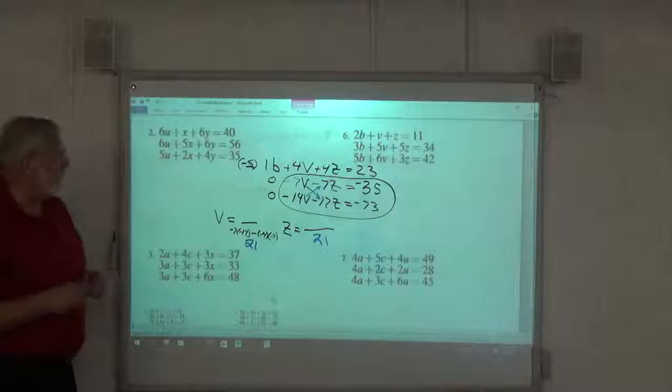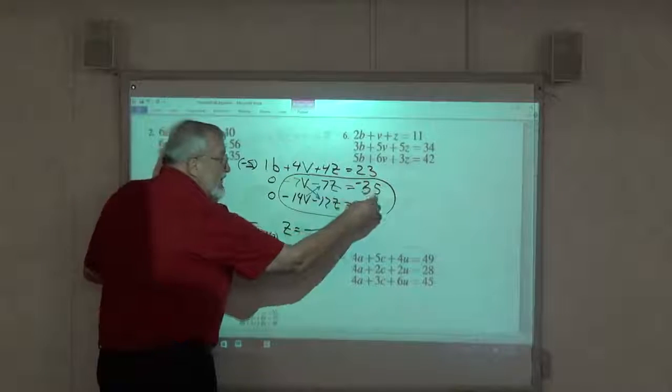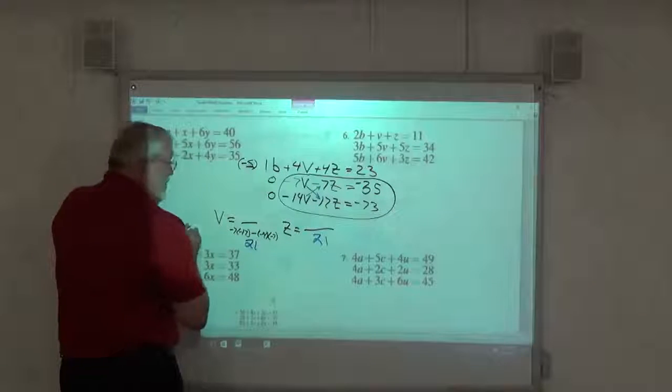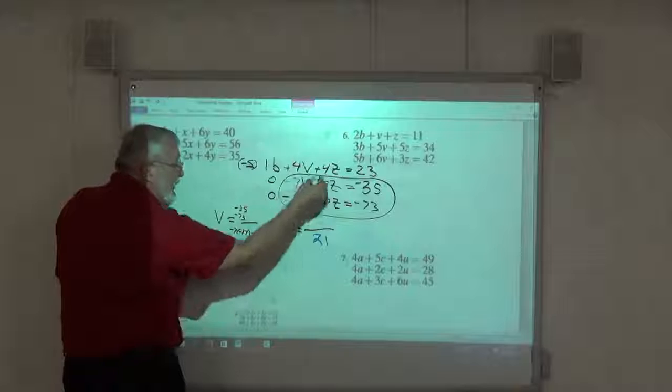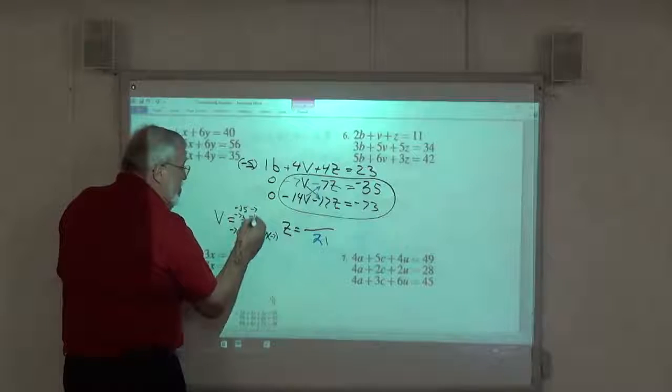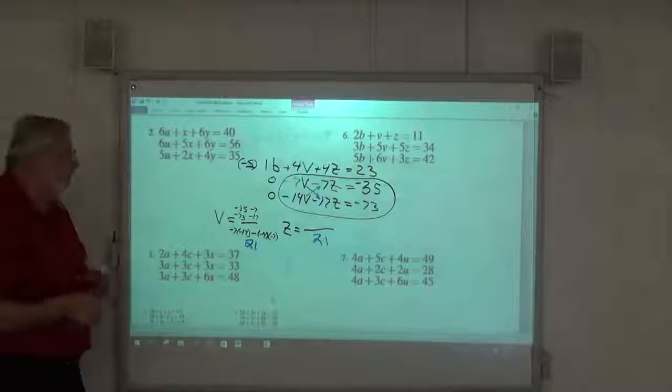All right. Now, to get the numerators, we're going to replace the 2 answers and put those here as negative 35 and negative 73, and then we're going to copy negative 7, negative 17, and again, we're going to do our determinant.